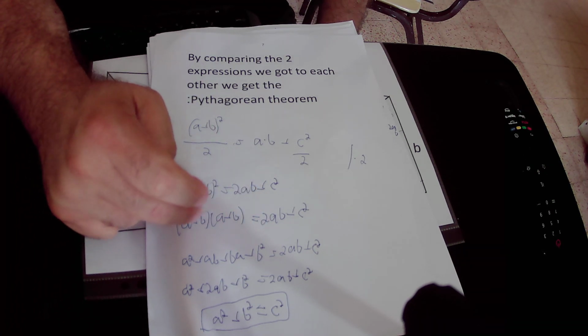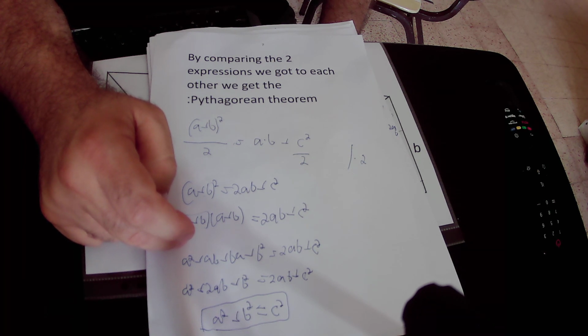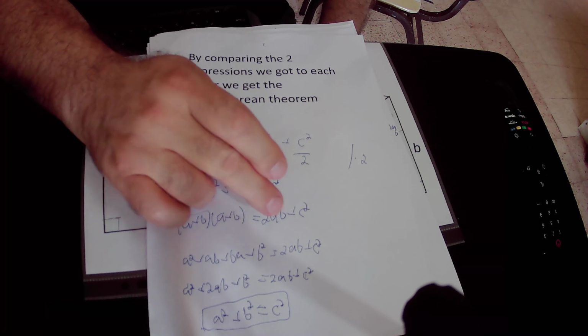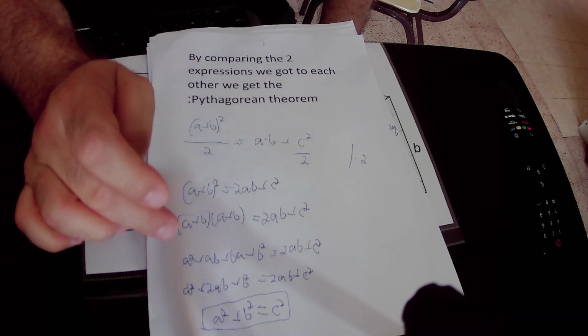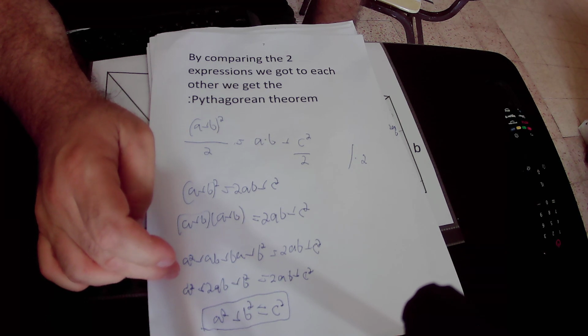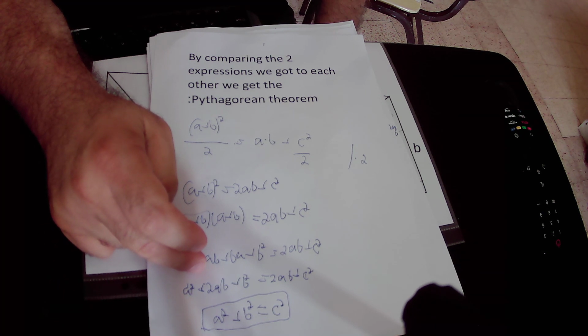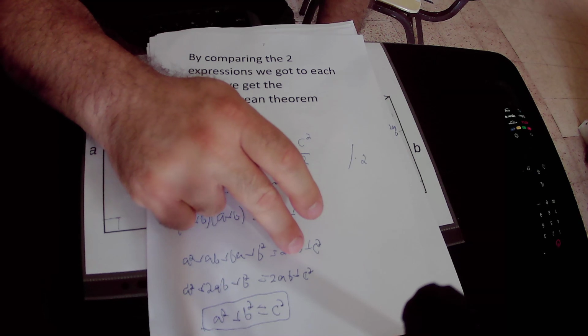If we open these brackets, we get that it equals A squared plus AB plus BA plus B squared, equals 2AB plus C squared, and then we get that it equals A squared plus 2AB plus B squared equals 2AB plus C squared.